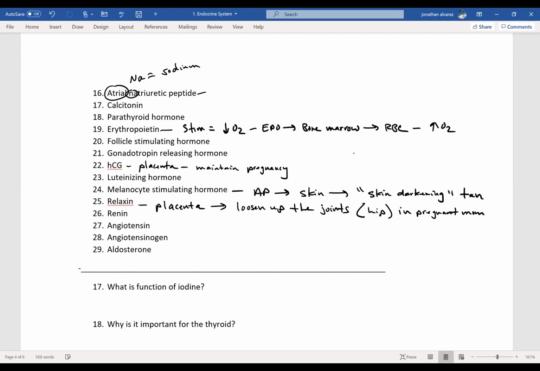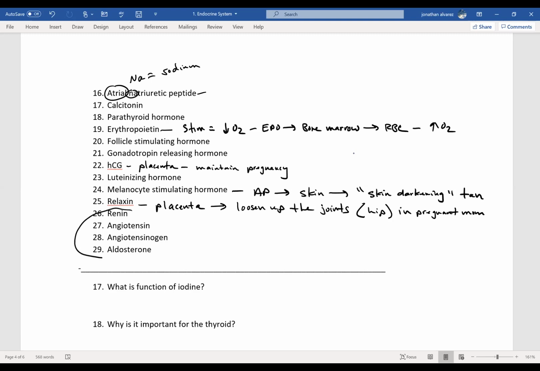So that child delivery is a little bit easier because the joints and the hip and all that are more relaxed. So that's where relaxin gets its name from.